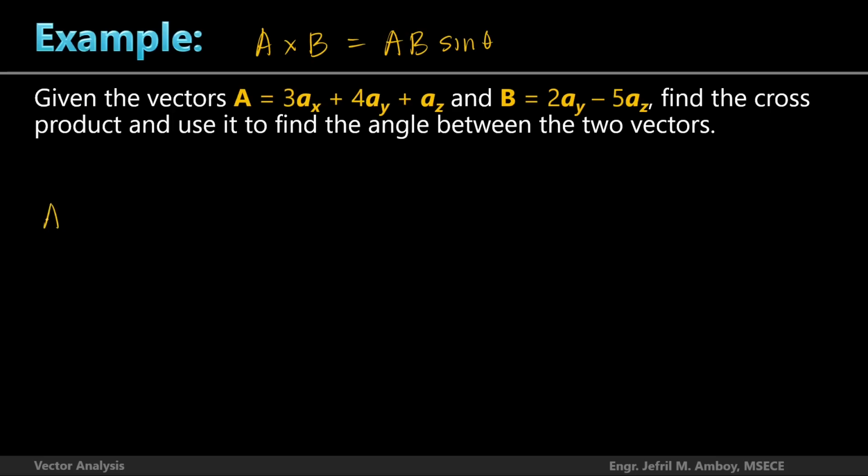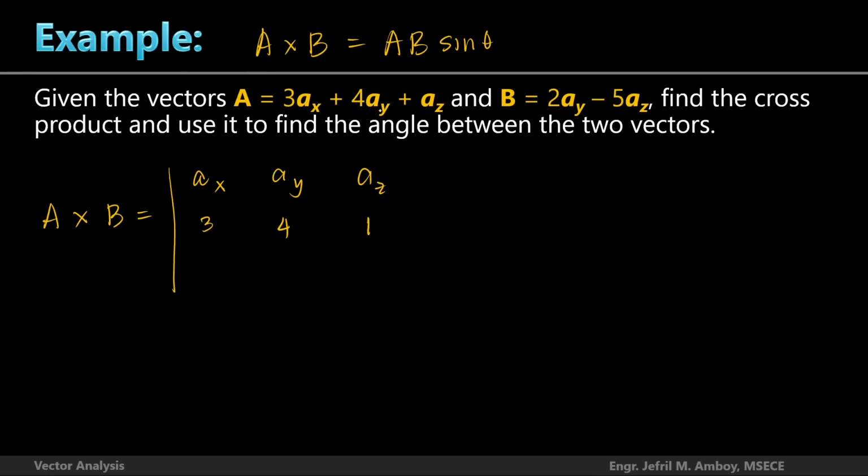If you recall, A cross B can be obtained by evaluating the determinant. So first, we write down the unit vectors ax, ay, and az. Then the components for the first vector, in this case, vector A. So we write down these components on the second row. The components of vector A are 3, 4, and 1.